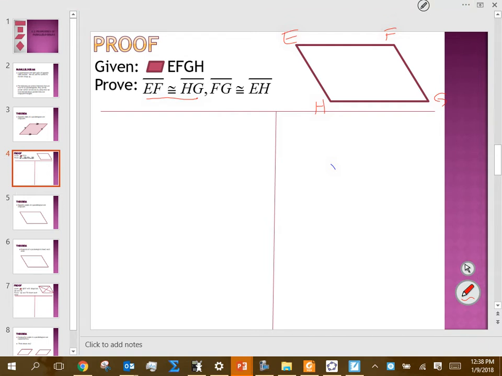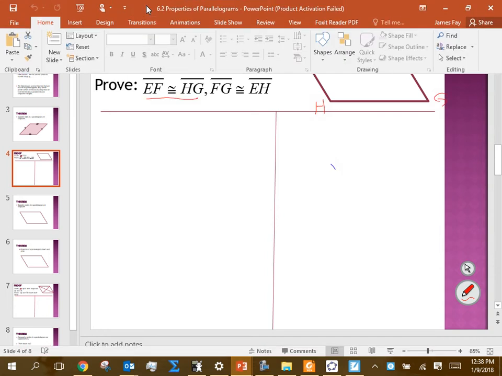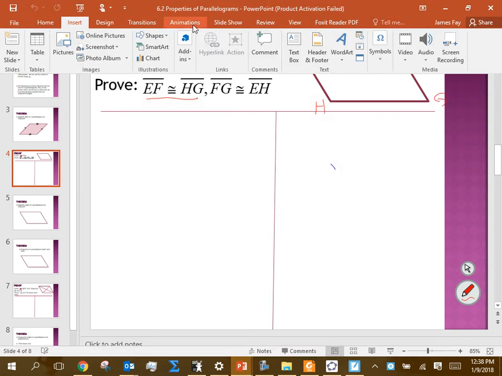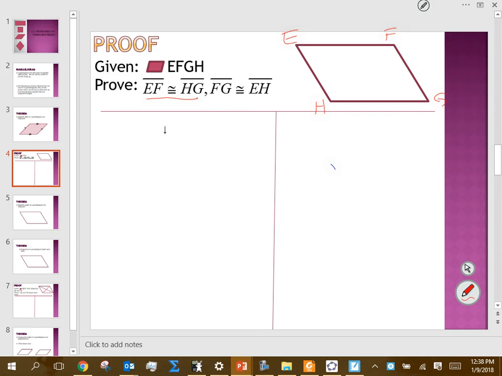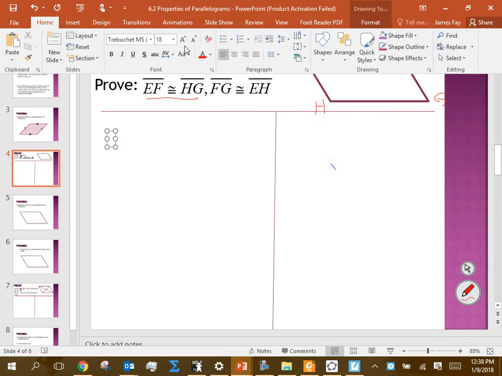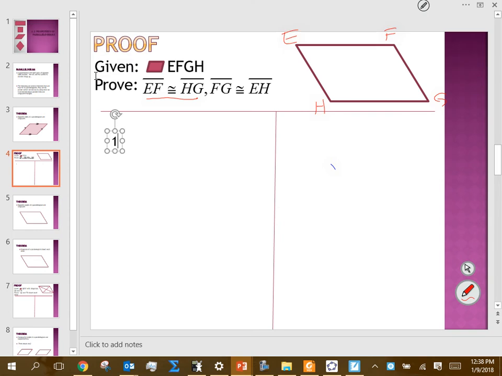When you see that vocabulary, it's not written out in words, but this says parallelogram EFGH. So what I want you guys to do is write out, all right, step one, EFGH is a parallelogram.